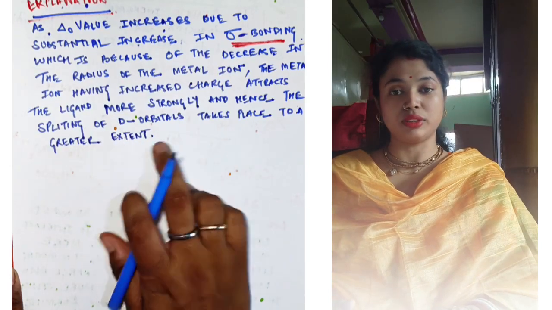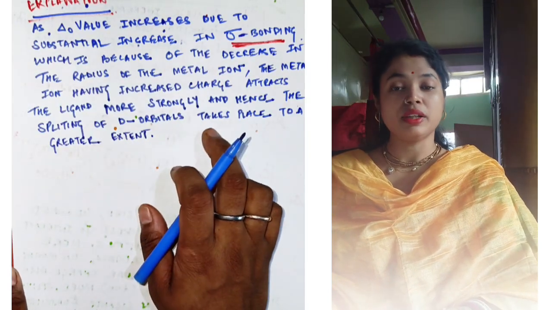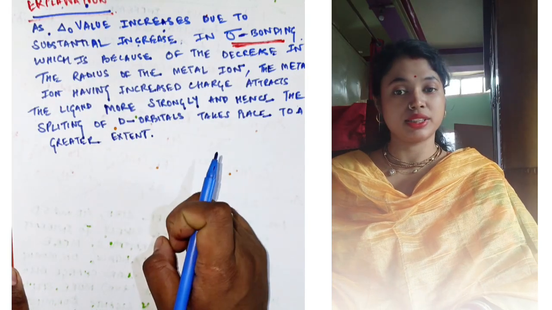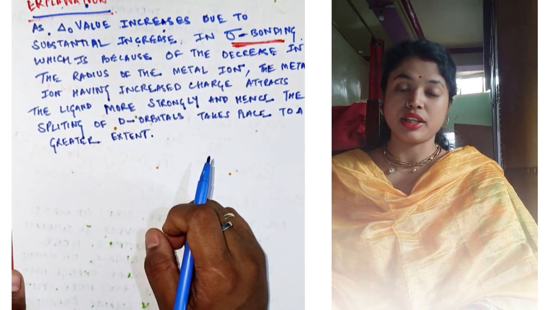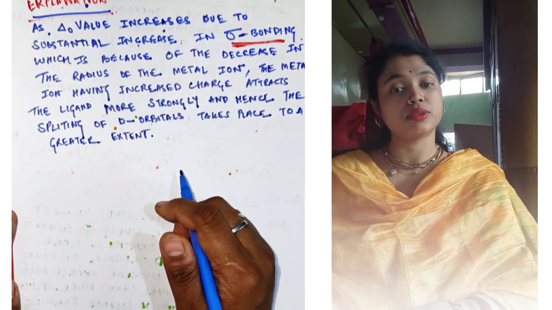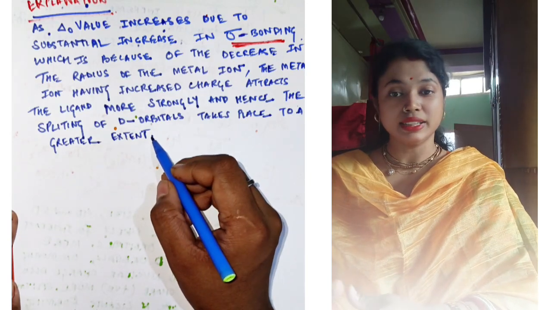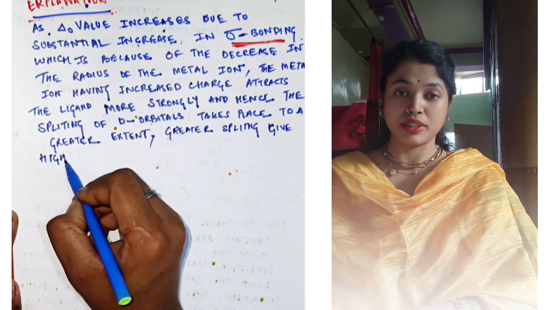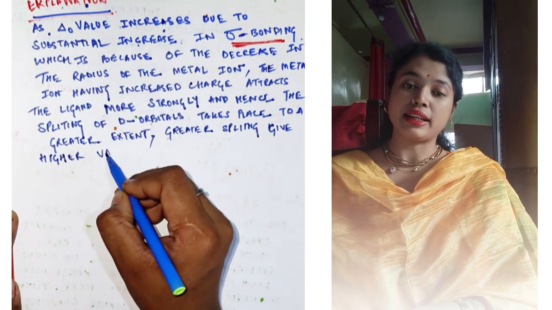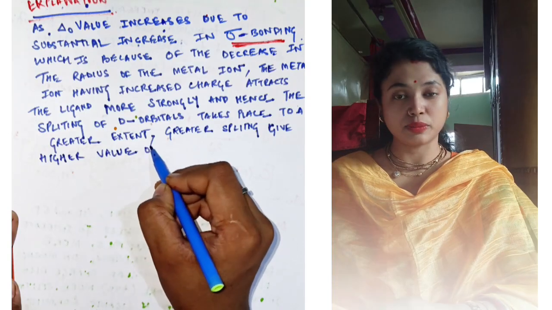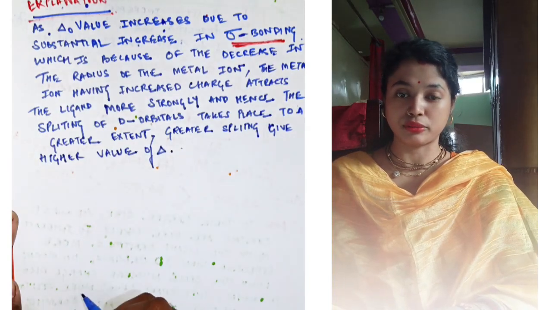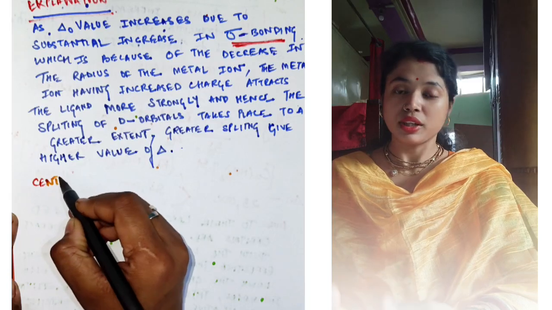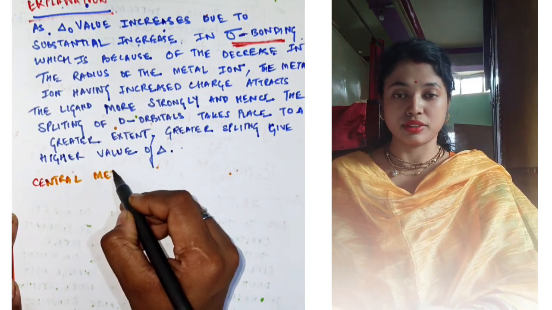As the positive charge increases, it pulls the ligand towards itself more strongly, and hence greater splitting takes place. Greater splitting gives your higher value of delta.